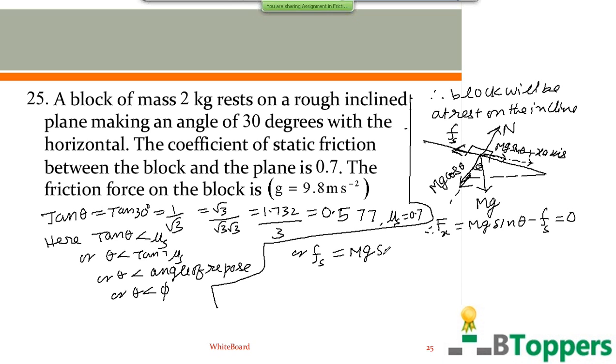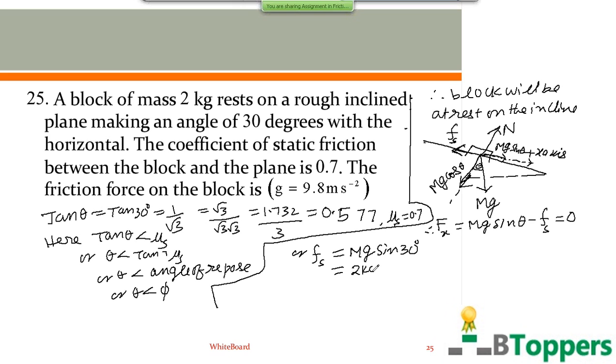Already discussed in the theory part, if the block remains at rest on the inclined plane under the action of its weight mg, normal reaction and force of friction, then the magnitude of static friction on the block is the same as the magnitude of the component mg sin theta, which tends to move the block down the inclined plane.